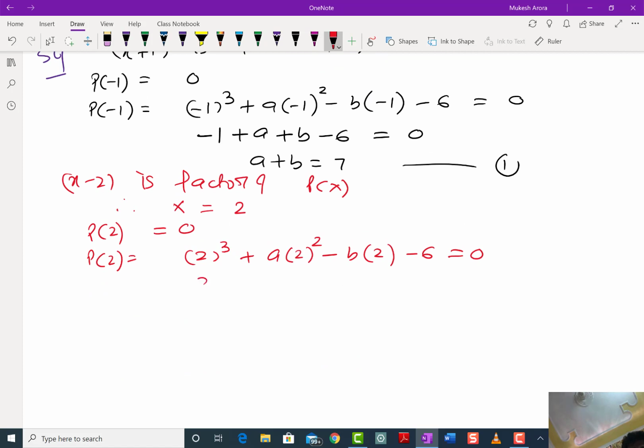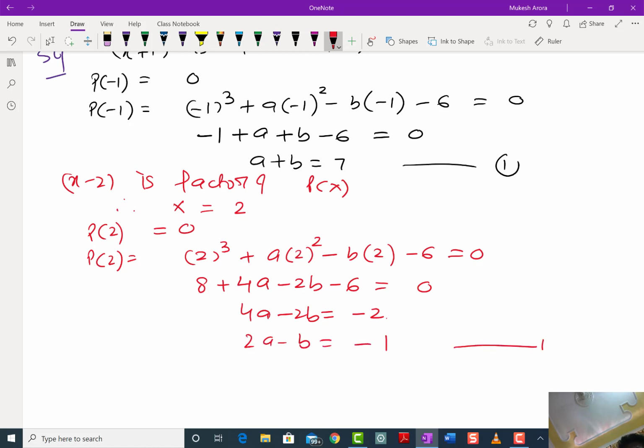This is 8 plus 4a minus 2b minus 6 is equal to 0. 4a minus 2b is equal to minus 2. That means 2a minus b is equal to minus 1.